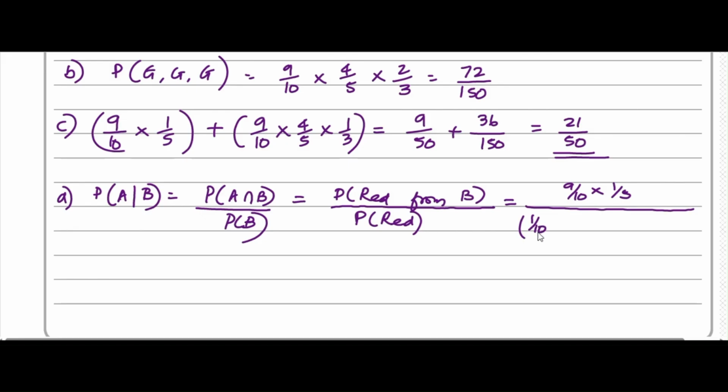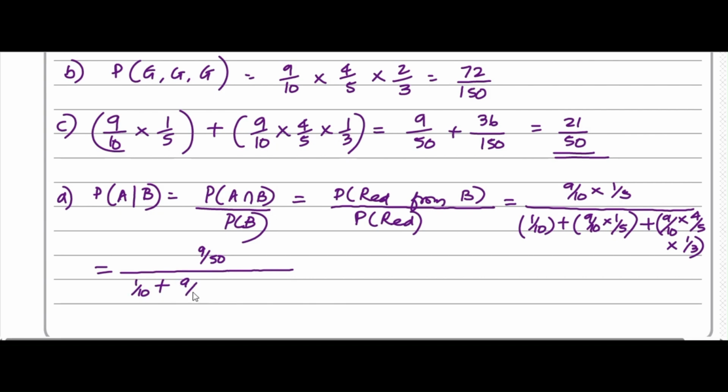So 1 out of 10 from bag A, 9 out of 10 times 1 out of 5 from bag B, plus from bag C is going to be 9 out of 10 times 4 out of 5 times 1 out of 3, and that gives 9 out of 50 out of 1 out of 10, add 9 out of 50, add 36 out of 150, altogether it works out to 9 out of 26.